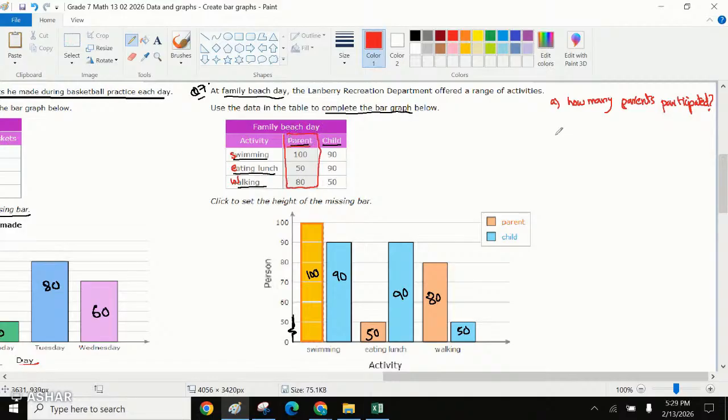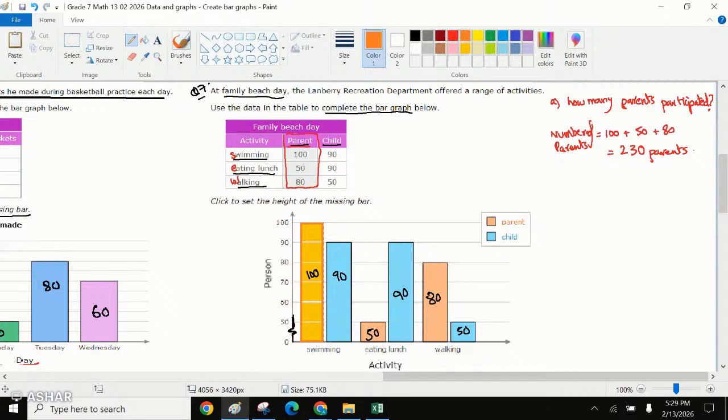So we can say the number of parents would be equal to the number of parents swimming, that was 100. The parents who were eating lunch, that was 50. The parents who were walking, that would mean 150 plus 80 is 230 parents. Agreed?